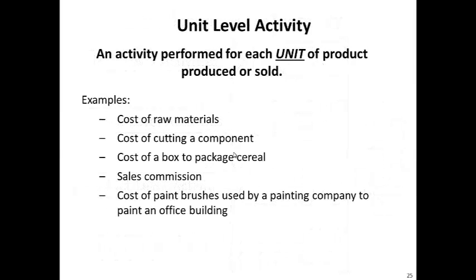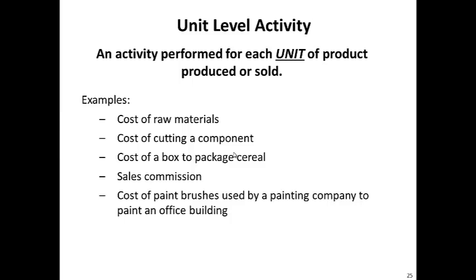Okay, a unit level activity is an activity that is performed for each unit of product that's produced or sold. Examples are the cost of raw materials, the cost of cutting a component, the cost of a box to package cereal, sales commissions, and the cost of paintbrushes used by a painting company to paint an office building. These are at the unit level.